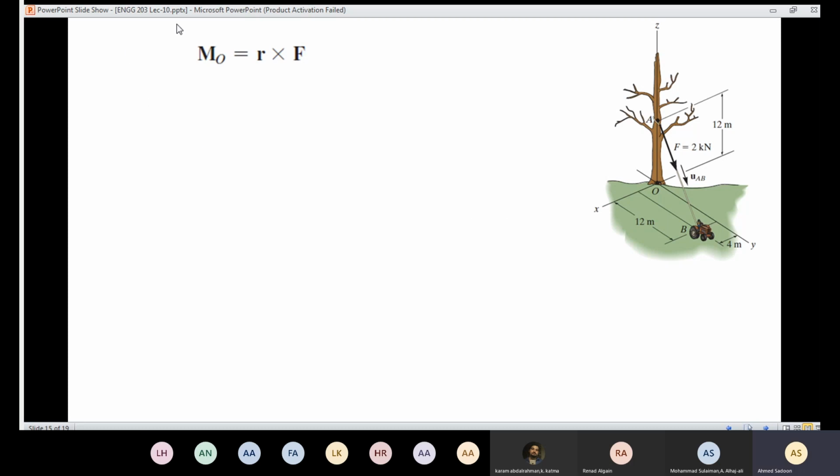So we said that the moment vector equals R cross F, and that R is a position vector from the point A to any point on the line of action. So which one should I use?